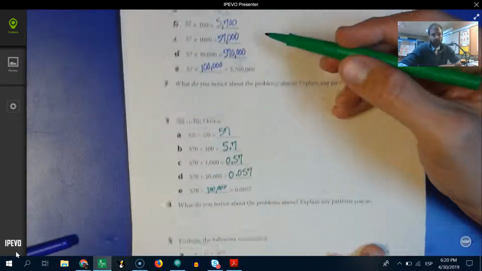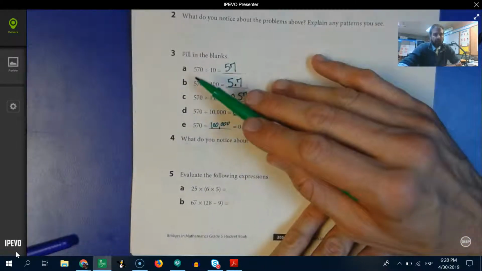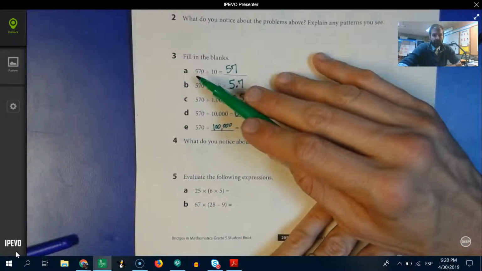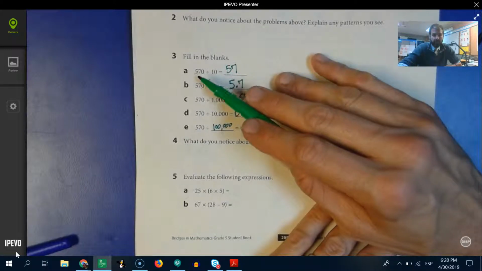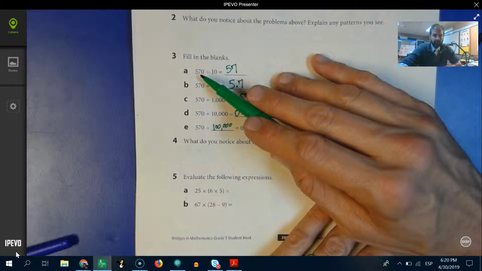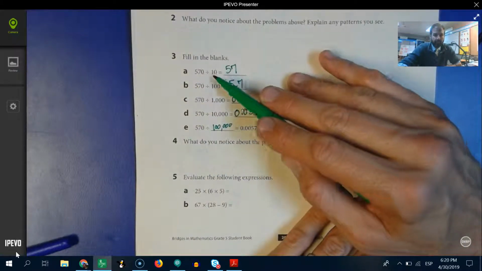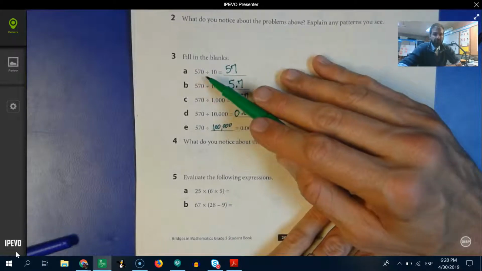So looking up here, looking down here, again, what happened with these digits? With 570, my 5 and 7 start in the hundreds and the tens every single time. Then depending on what power of 10 I'm dividing by, that's how many place values it shifts to the right.